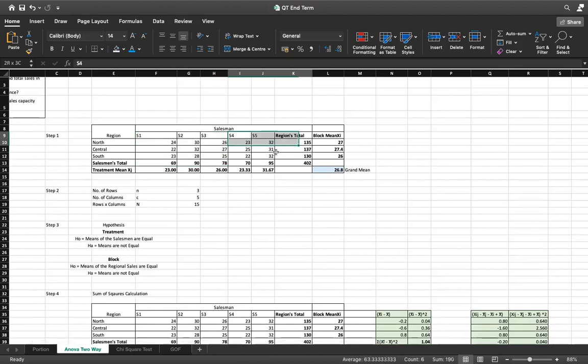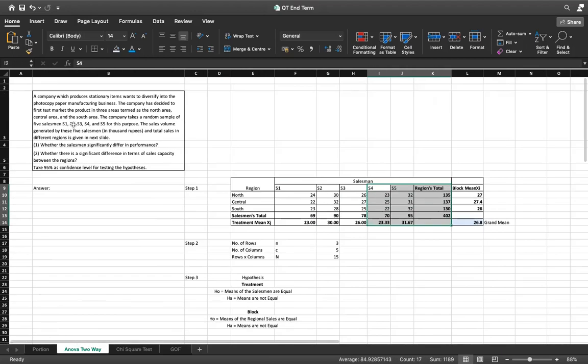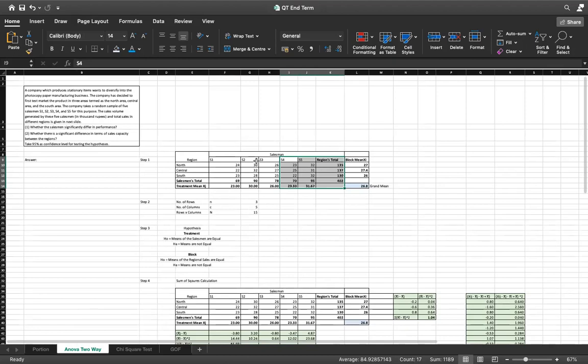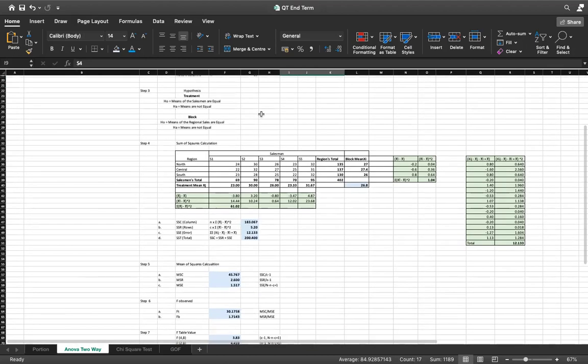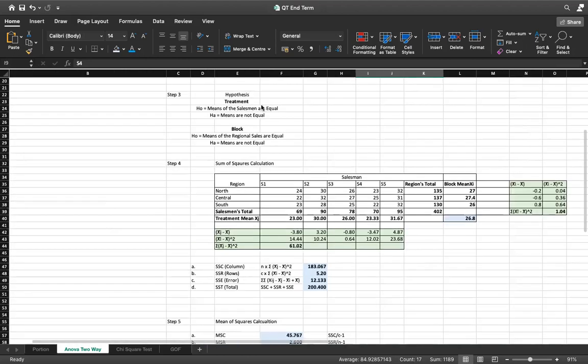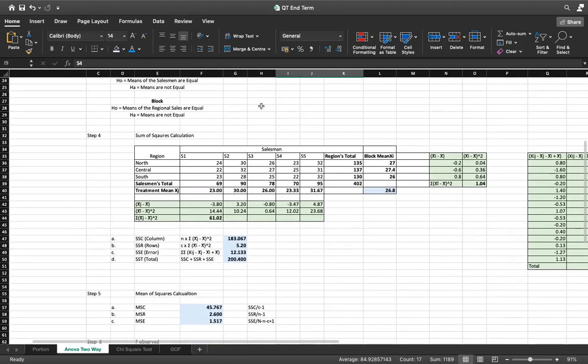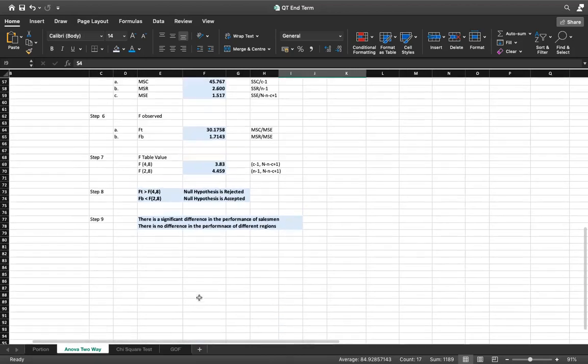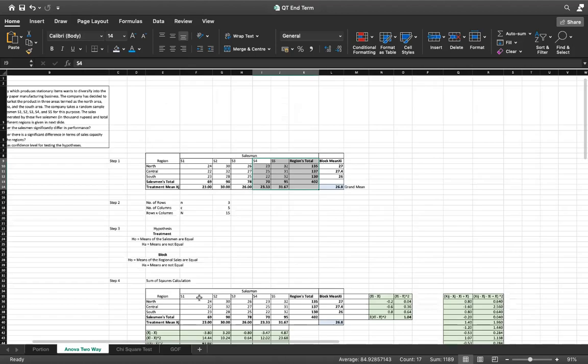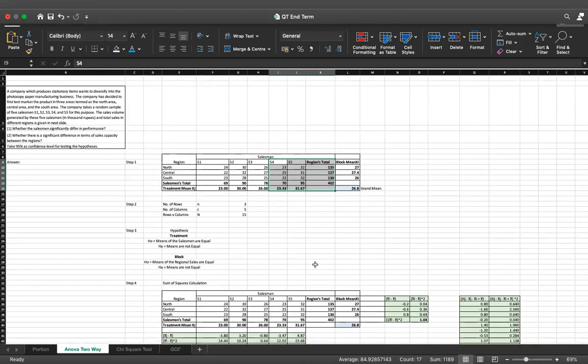This sum is pretty good. This is one of the CP problems. So try solving and keep it ready, because tomorrow you will not have the time to sit and do it. So that's two-way ANOVA testing. Thanks.